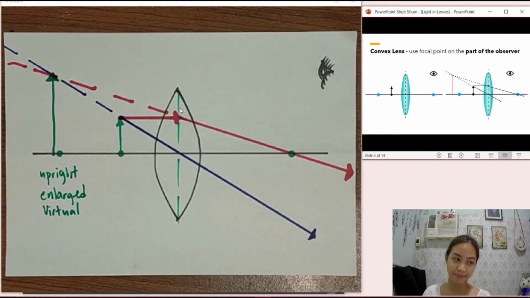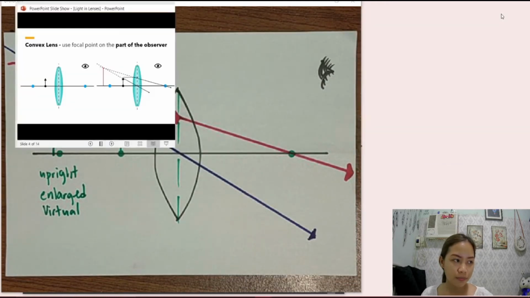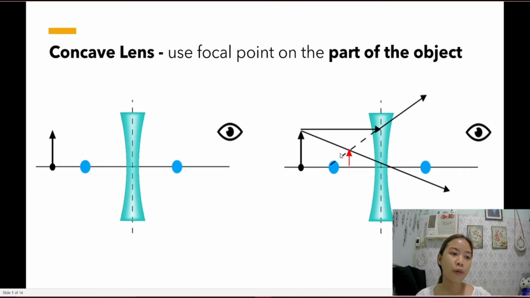Okay. Now let us have here our concave lenses. So in concave lenses, these are the lenses that diverge the light rays. Gina-diverge ang light rays, meaning ginalapta, gina-spread out ang light rays. Okay?